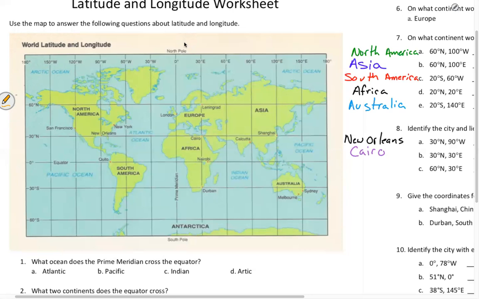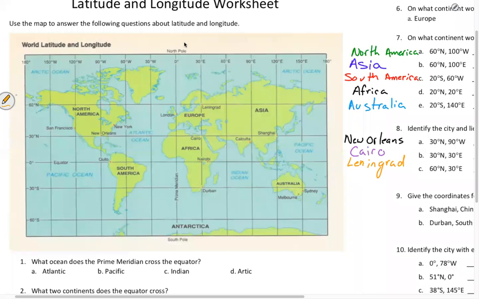It's Leningrad. Leningrad. I think there's an I in the middle. Yeah, Leningrad.